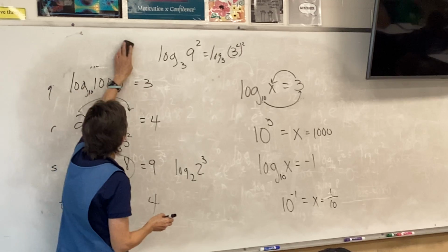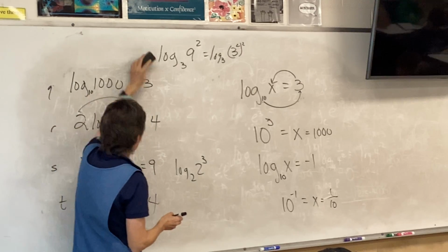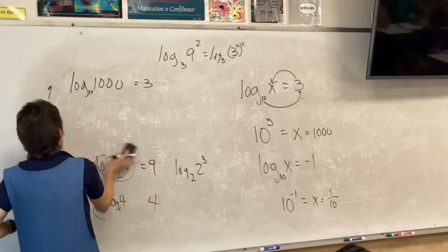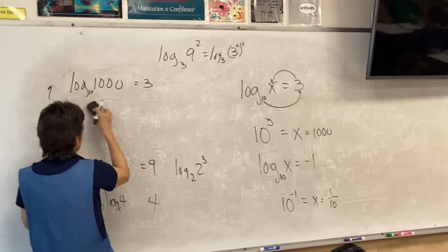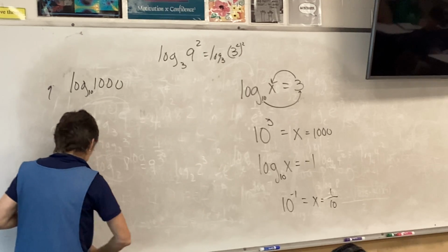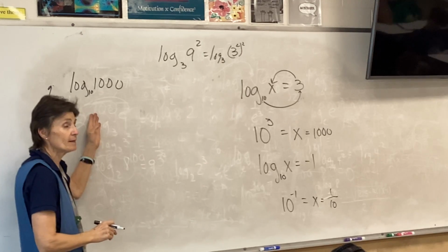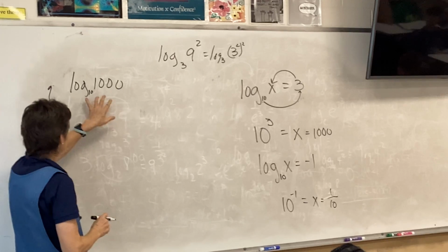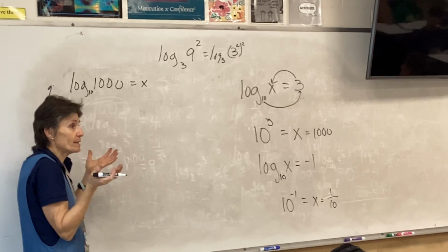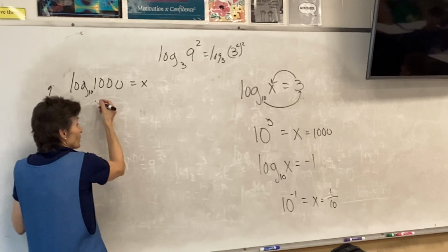Now, before I erase these problems that we just did, I want to come back. We did this when we said the answer was 3, but you can actually do these problems the same way. This was the problem. I'm going to set it equal to x, figure out what it equals, and now I'm going to translate it.